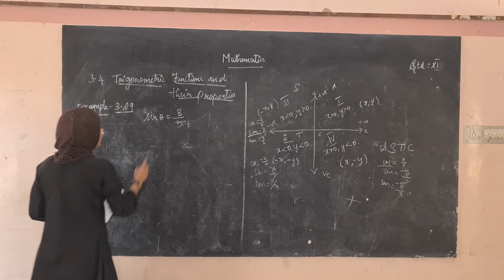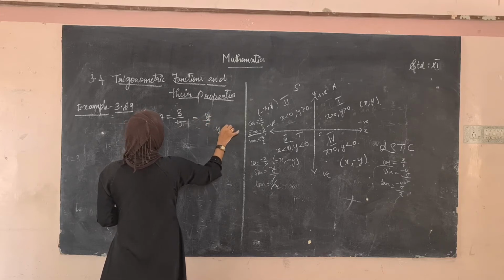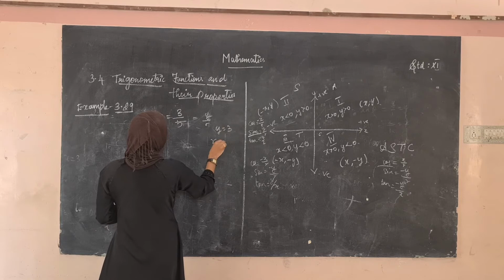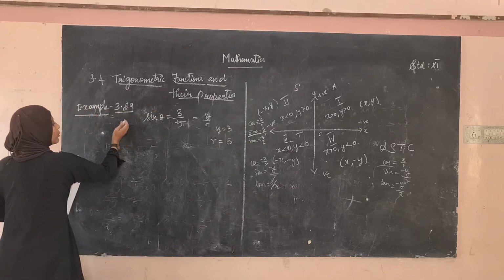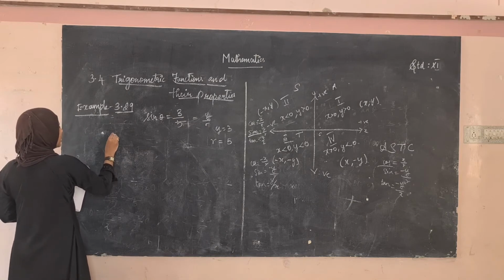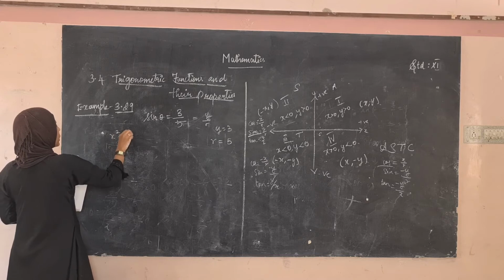So what is sin theta? We know that sin is y divided by r. So y is equal to 3, r is equal to 5. So we have to find the x value. We know that r square is equal to x square plus y square.